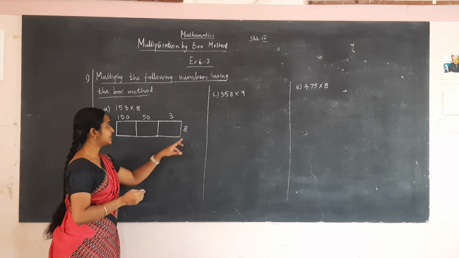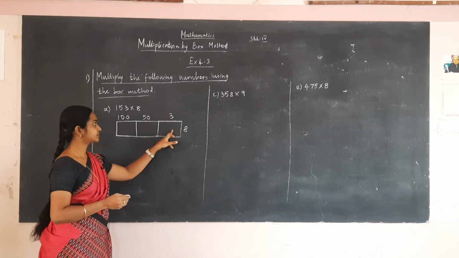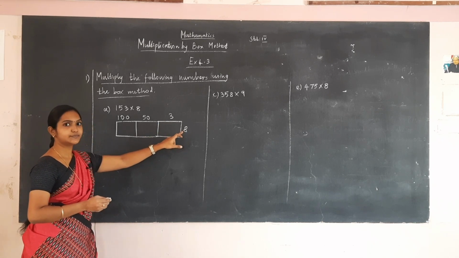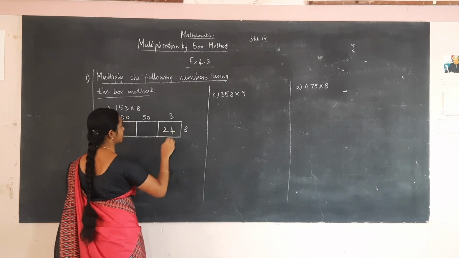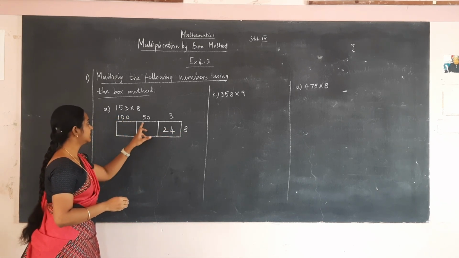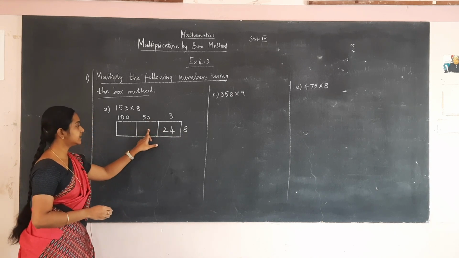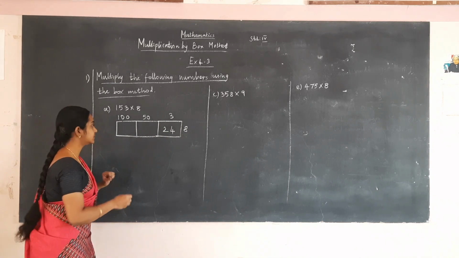We have to multiply 8 and 3 and write it in the first box. 3 8s are 24. So write 24 in the first box. Next we are going to multiply 8 and 50 and write it in the second box. 5 8s are 40.